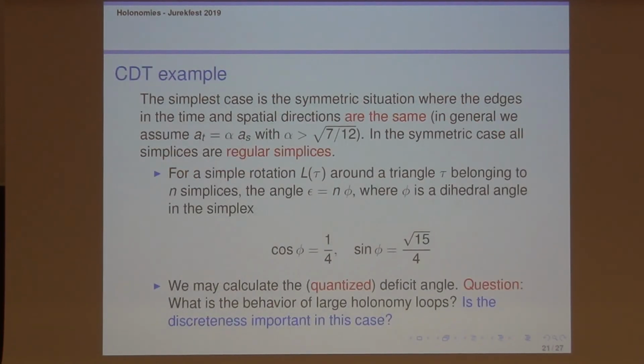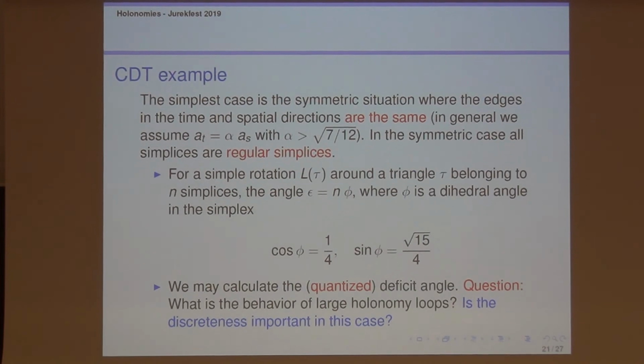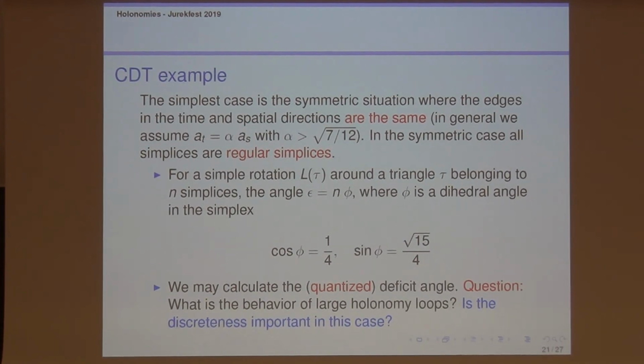In fact, the example which will be shown here is the simplest example, where we assume that spatial and time directions are the same. So in fact, we have regular simplices, and these regular simplices always have a dihedral angle, which is well defined by a product around such a face. Well, it is a solution of such a set of trigonometric equations.